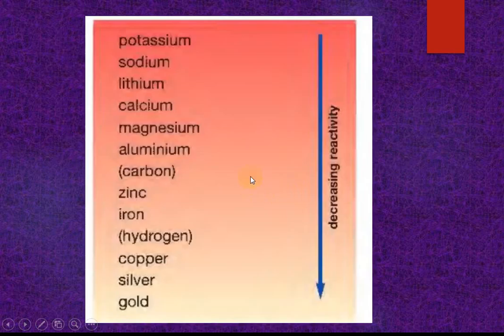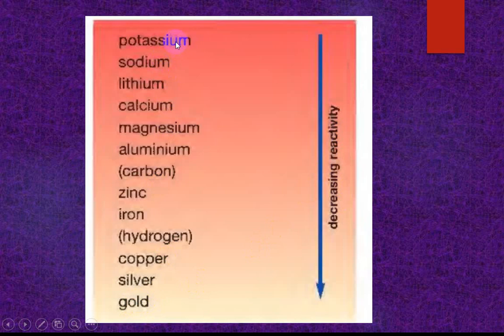Okay, here look at the reactivity of the elements: potassium, sodium, lithium, calcium, magnesium, aluminum, carbon, zinc, iron, hydrogen, copper, silver, gold. This is their decreasing reactivity. So gold is least reactive, and potassium is most reactive.